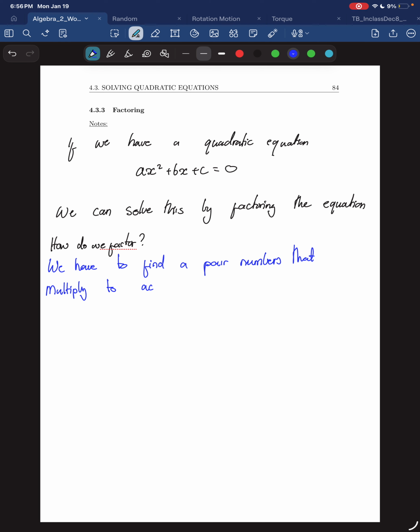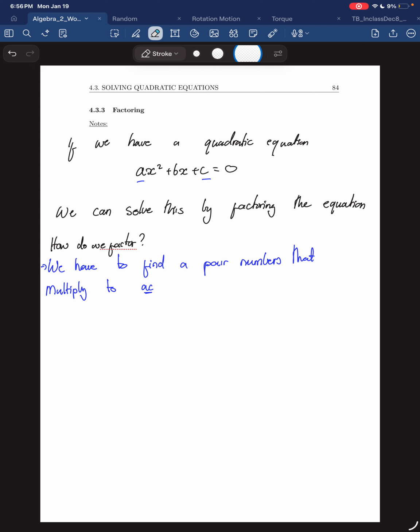These numbers that we find, basically, they multiply to AC. What this means is just get your A, get your C, and the two numbers have to multiply to A times C. Whatever A and C are, it's what those two numbers should multiply to.